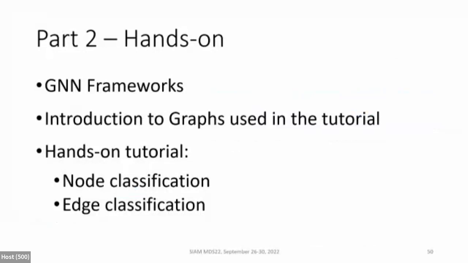So here I will talk about some of the graphs that we're going to use in the hands-on section for our tutorial. We basically have 3 tutorials, 2 focused on node classification, and 1 focused on edge classification. The edge classification example was taken from the application that I'm working on for high energy physics.